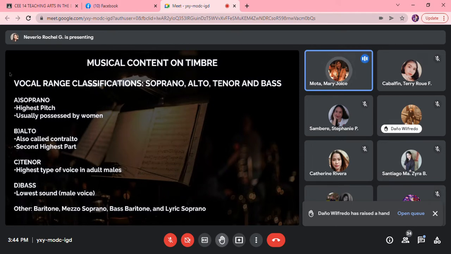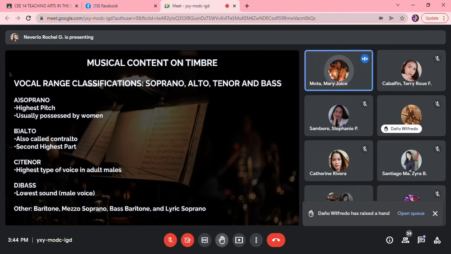So, kumbaga, kunyari, may lalaking tenor, may isang bass, kaya niya yung in between, sakto lang. Parang sa example ko kanina, hindi ko kasi maano yan since for male part yan. So, ganun lang siya. And same as the lyric soprano.